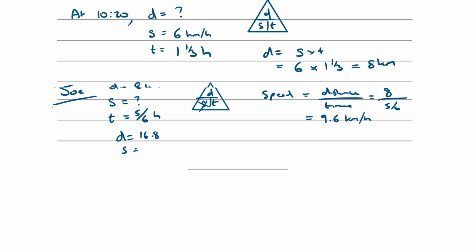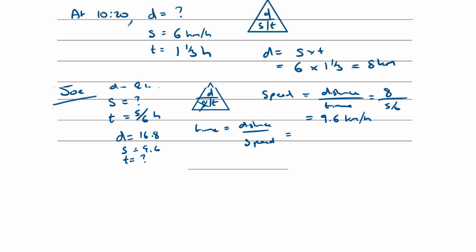Our speed then is, we've just worked out to be 9.6, so then the time is what we want to now find then, isn't it? So again, we're using our triangle, cover up the T, time equals distance over speed.